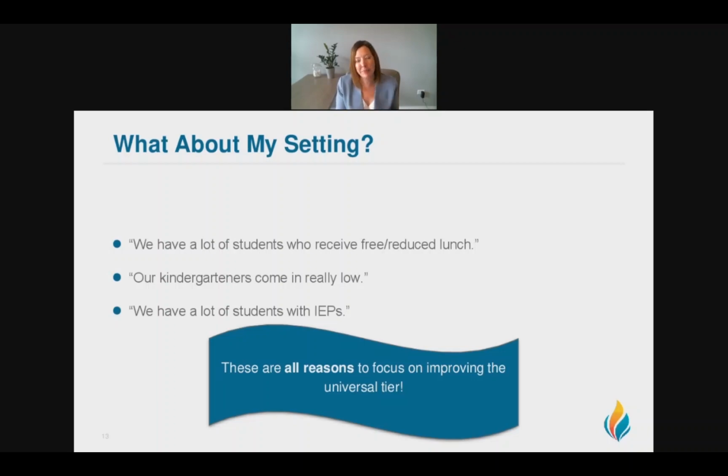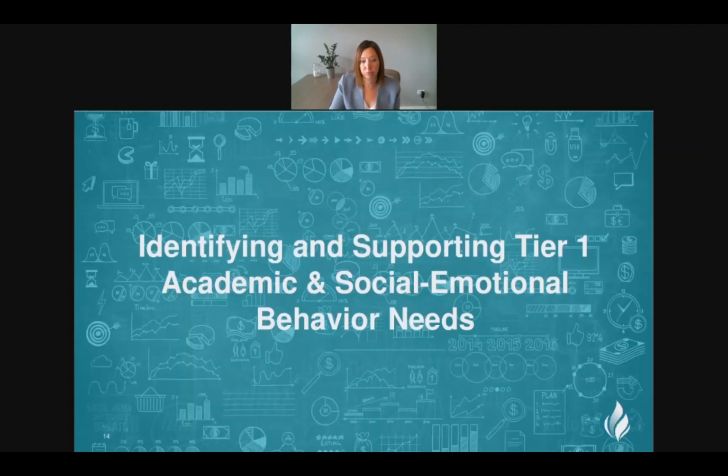Let's focus some of that professional learning and time and attention toward improving the universal instruction that we provide to all students in order to see a greater growth overall within our building.